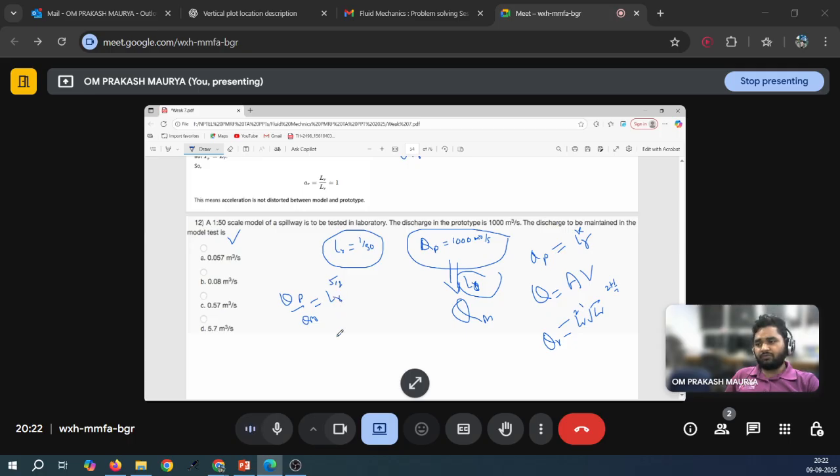From here you can calculate QM is equal to 1000 divided by 1 is to 50 to the power 5 by 2.